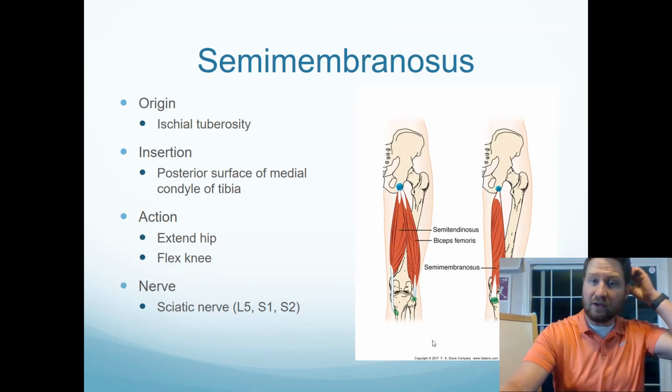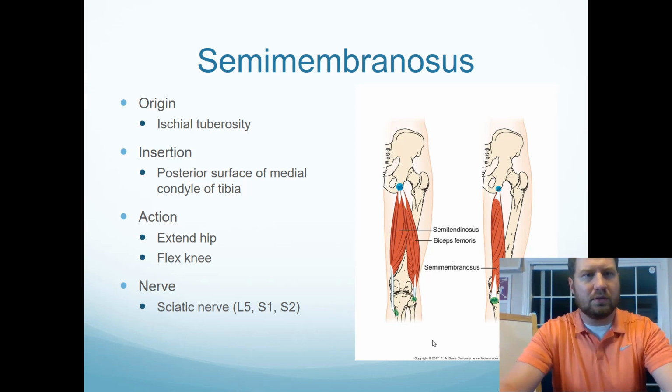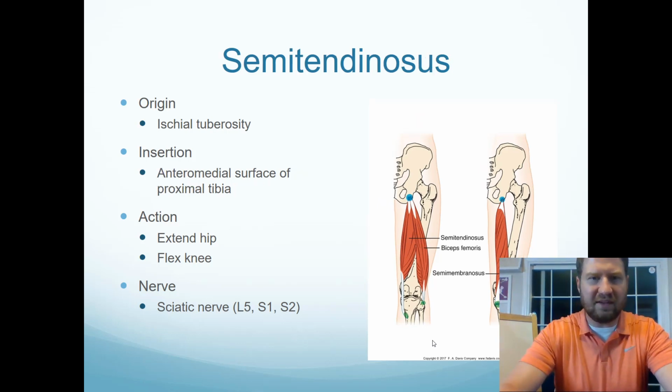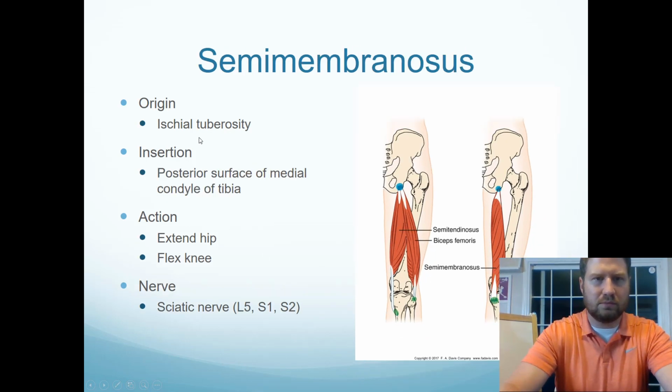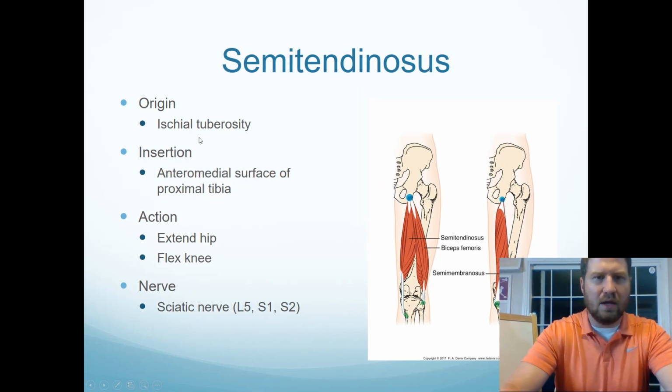Still in the hip extension group, semimembranosus and semitendinosus. Both of them have the same origin of the ischial tuberosity. The difference is going to be in the insertion.